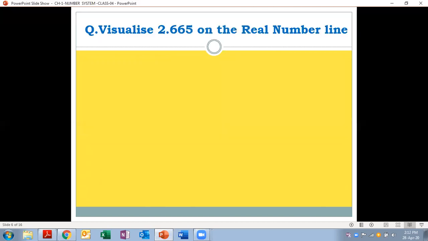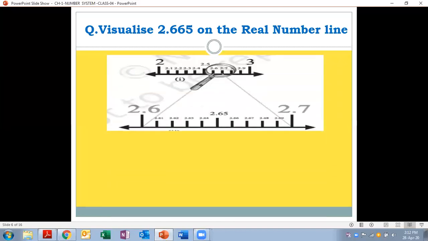Now next we have visualized 2.665 on the real number line. Here in this slide we have on the extreme left 2 and on the extreme right 3, and when magnified we have the values 2.6 and 2.7 on the extreme left and extreme right, and now we know that 2.665 lies in between 2.6 and 2.7.